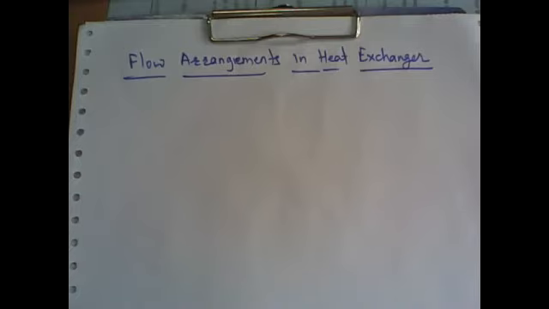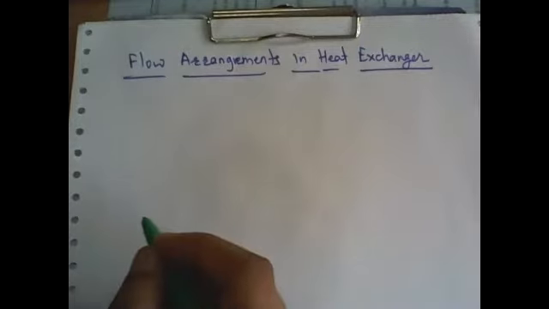So in the energy balance, we have discussed the in and out, that is hot fluid in, hot fluid out, cold fluid in and cold fluid out. Like that, the direction of the hot fluid and cold fluid may be parallel, counter, or cross. So depending on the flow arrangement, there are three basic flow arrangements.